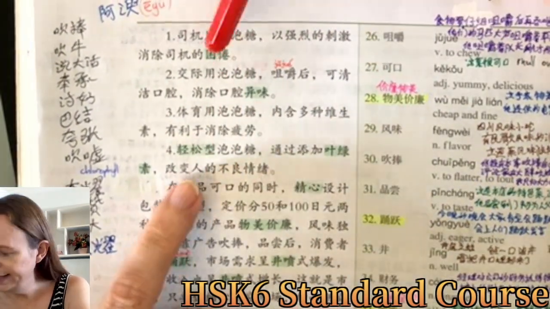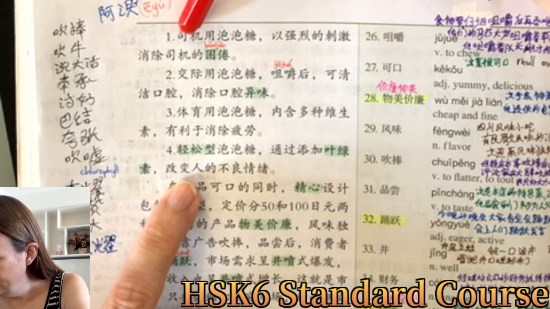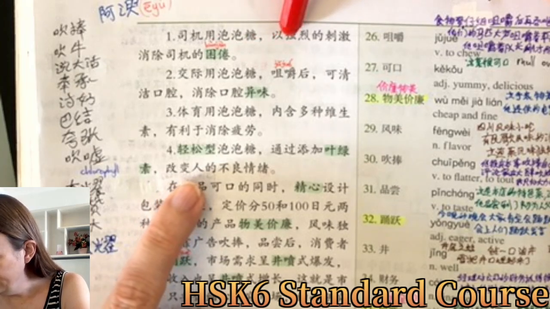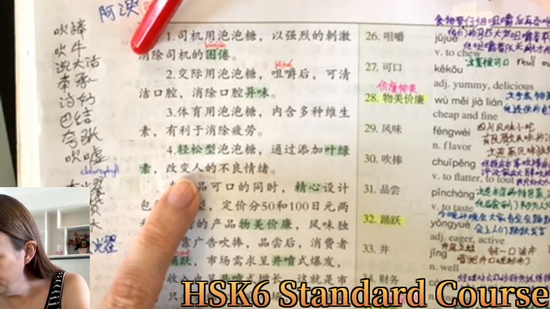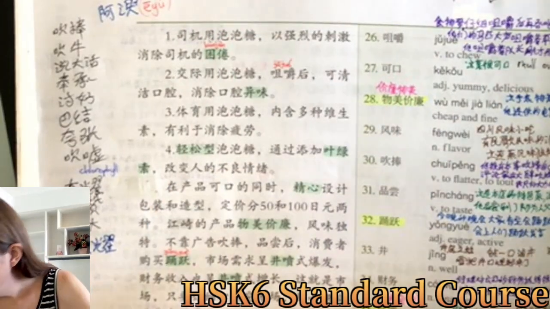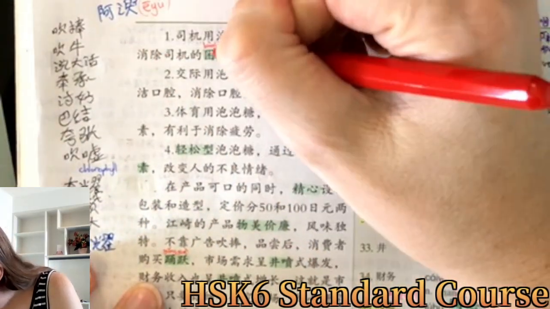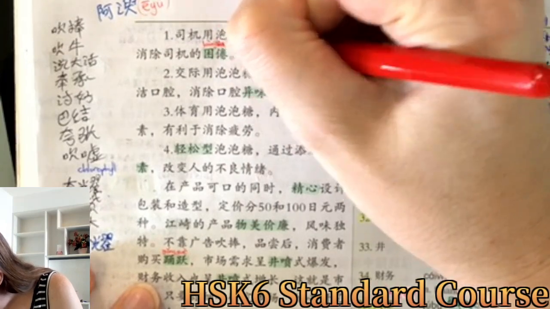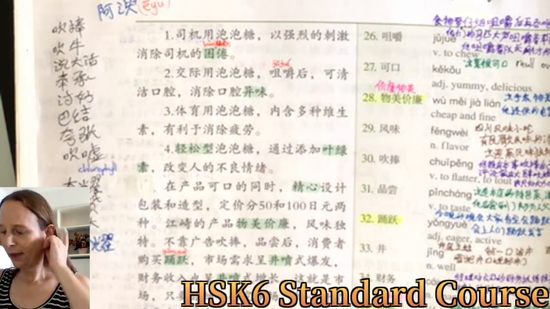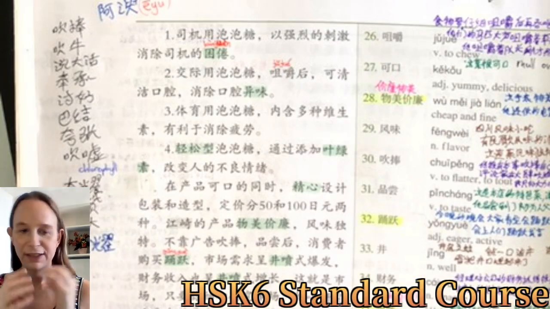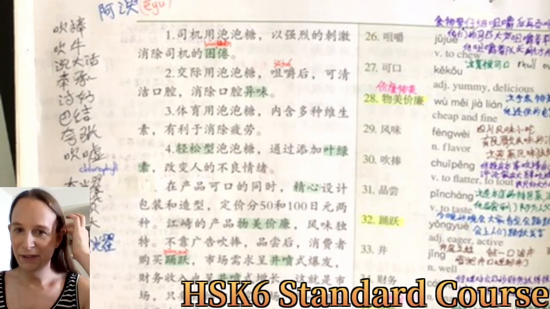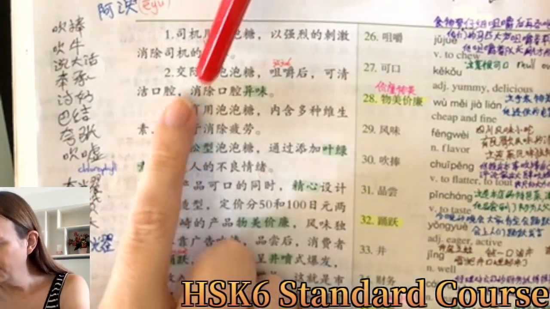So it has 4 properties, it seems. 1, 司机用泡泡糖以强烈的刺激消除司机的困倦。No, 困倦. It's 倦 J-U-A-N. 困倦。All right. So this is a bubble gum for drivers to keep them awake.